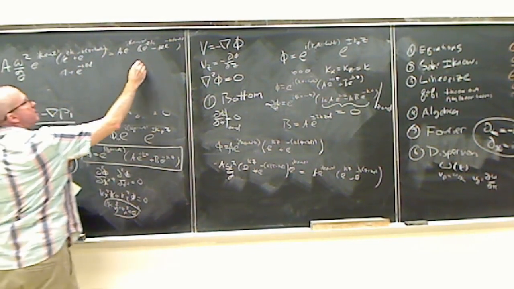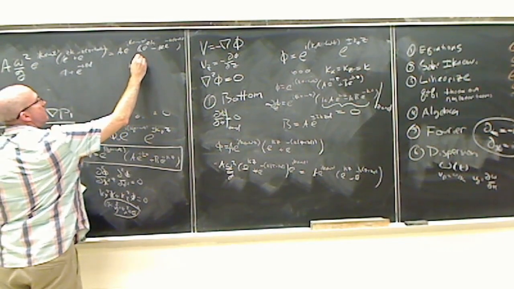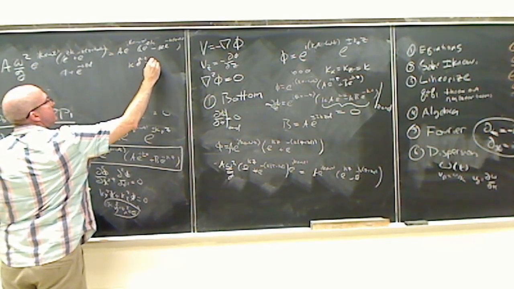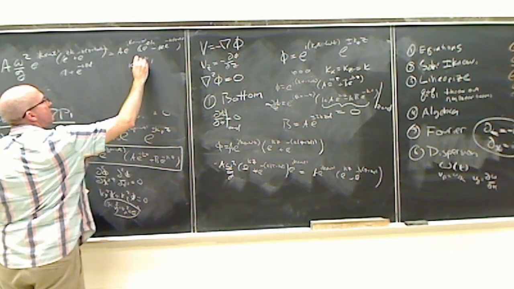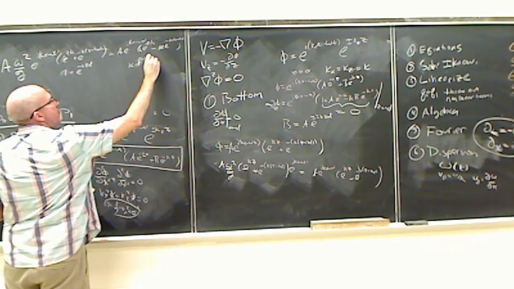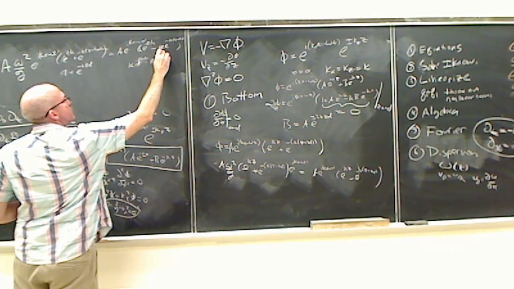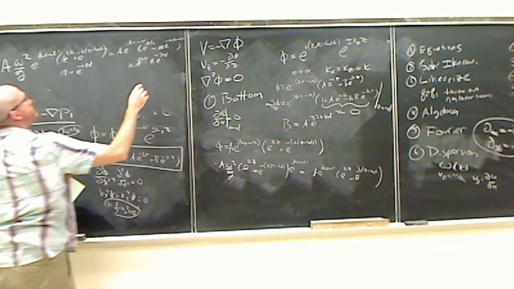This term turns into k times (1 minus e to the minus 2kd).